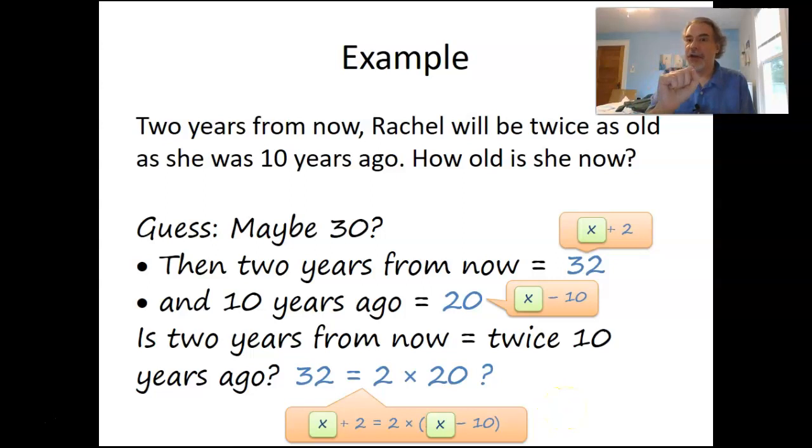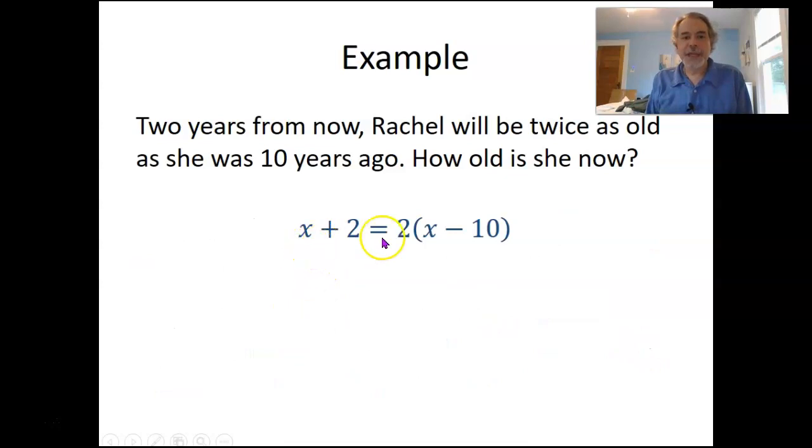Aha! There's an equation. We could solve that equation, and then we'd know what x is, and we'd have our number. So here we go. x plus 2 equals 2 times x minus 10. Remove the parentheses. x plus 2 equals 2x minus 20.